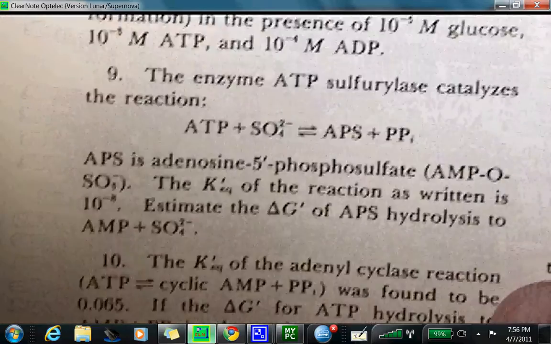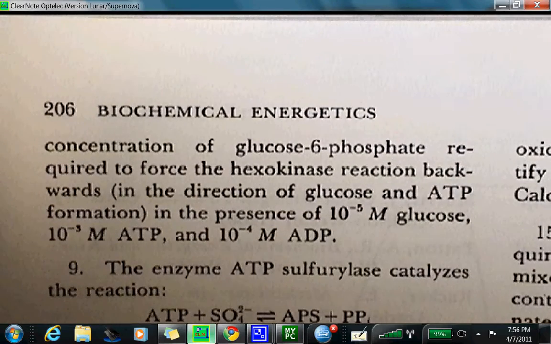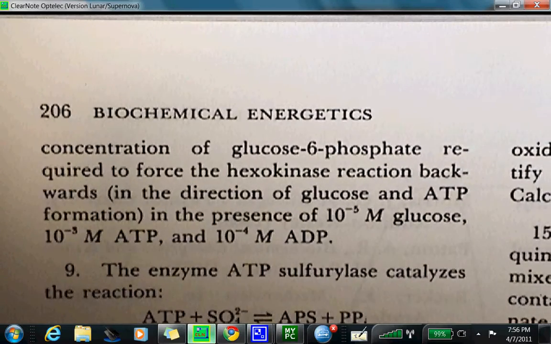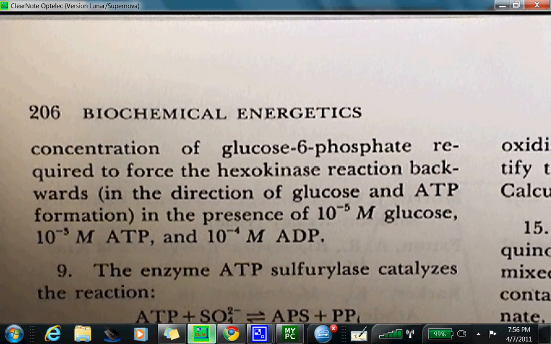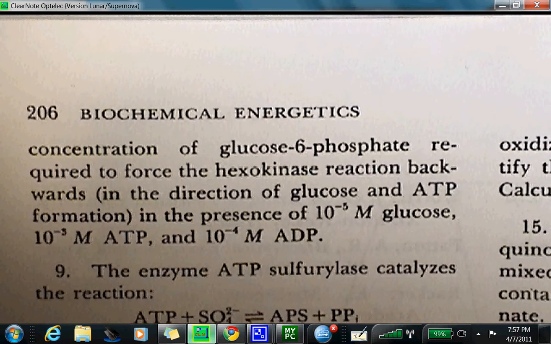And they want you to calculate the concentration of glucose 6-phosphate required to force the hexokinase reaction backwards, in the direction of glucose and ATP formation, in the presence of 10 to the negative 5th glucose, 10 to the negative 3rd ATP, and 10 to the negative 4th ADP.